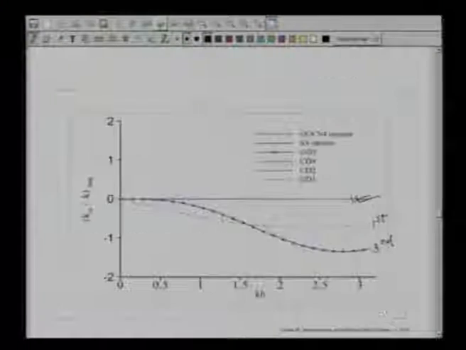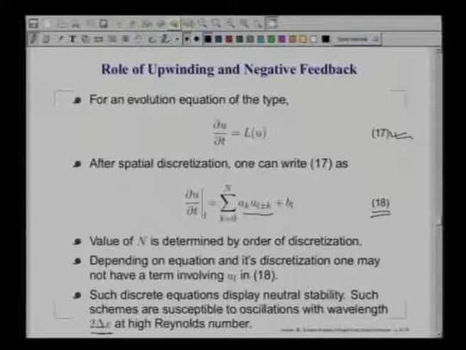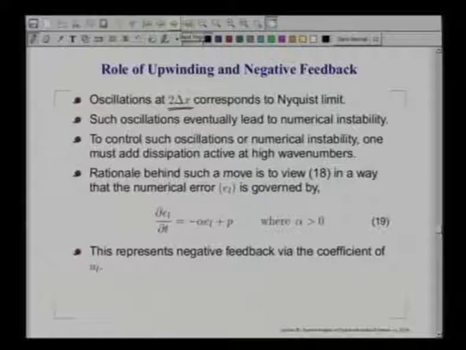However, if I do upwinding, I notice that the schemes, as we have seen here, if I am looking at the mth point, have a term which involves the mth point itself, which is not there in central schemes. So, whenever you do upwinding, you get this term, and you can write down the error equation which will involve this term.